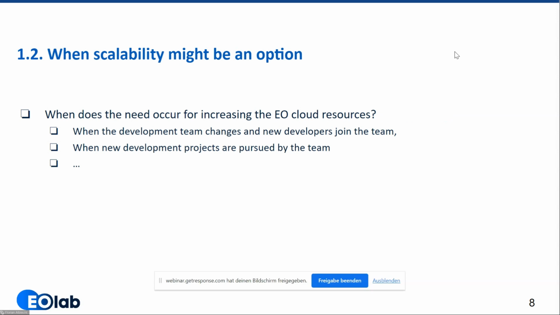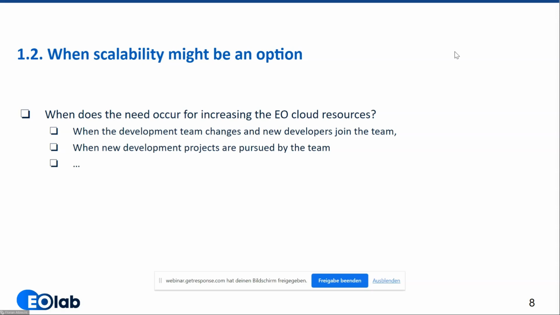So when scalability might be an option, which means adding more resources to run the processes better, when does the need occur for increasing the EO cloud resources that we have? One thing is that we imagine you are a developer team and an additional developer joins your team, and you have already used all the resources of your quota, and then you have to figure out how best to deal with the situation.